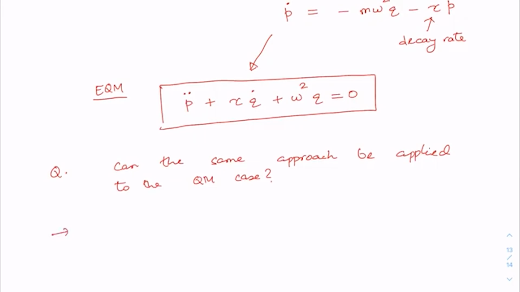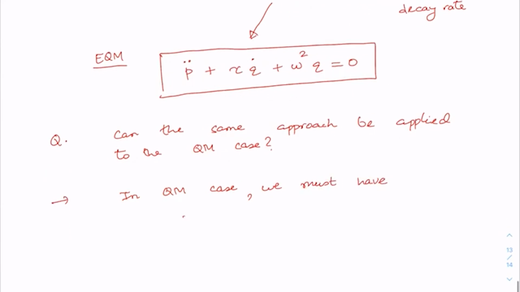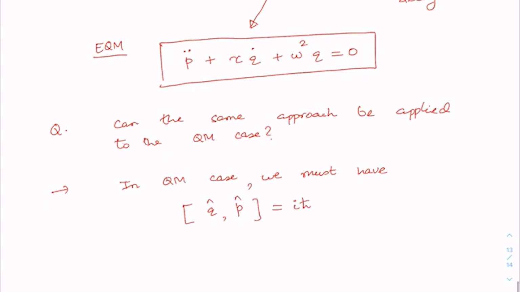Well, we know that in the quantum mechanical case, we must have the commutation relation, because these variables have to be operators. This q and p has to satisfy this commutation relation, so this has to be maintained.